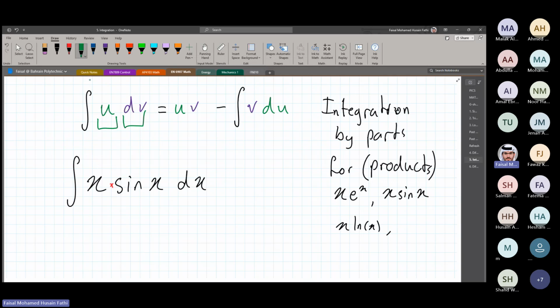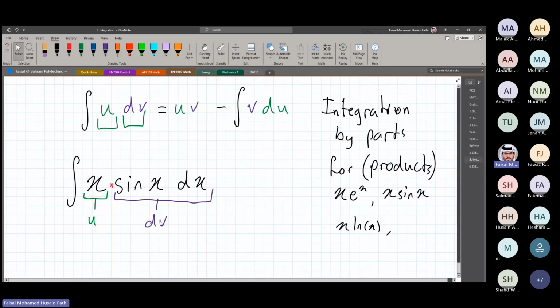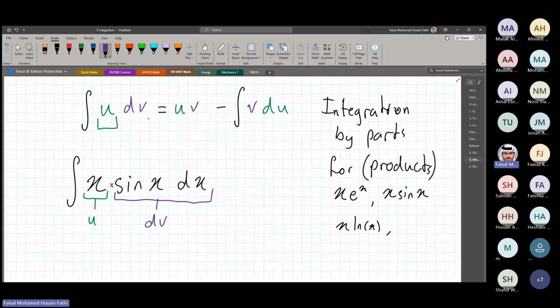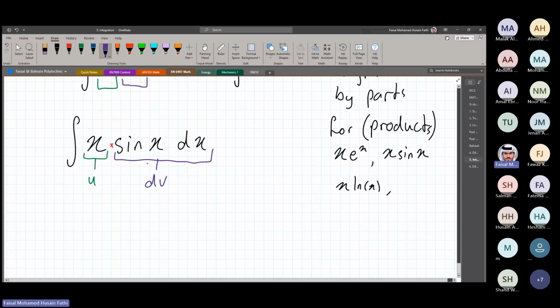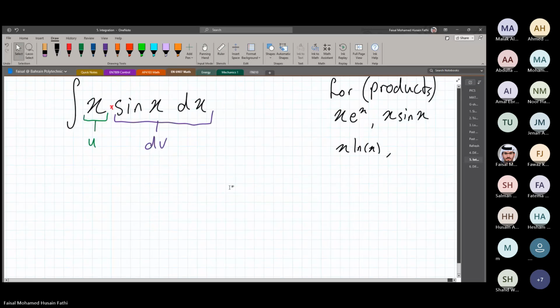Let's, for example, in this case, take this as u, and I'll explain why we choose this as u, and we will take all of this as dv. Because when selecting dv, it has to have a d in the expression itself, a differentiation change with another variable, since we need the entire dv. So we select the left side to be u and the right side to be dv.